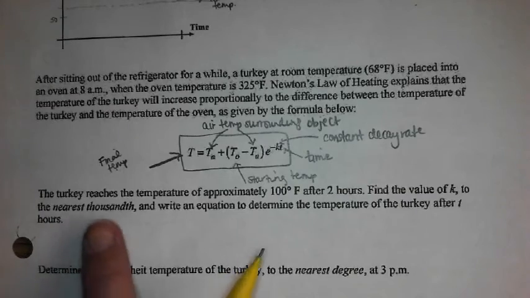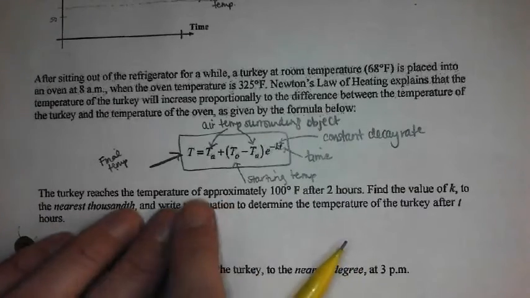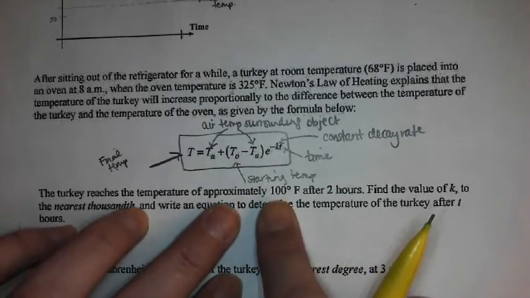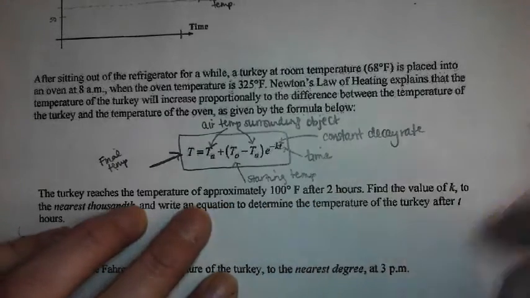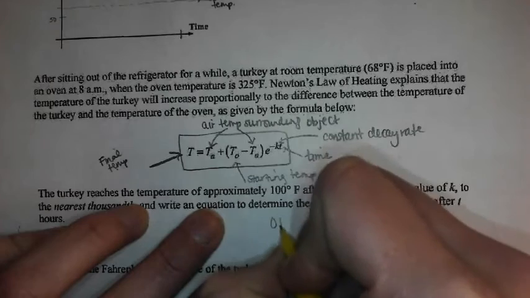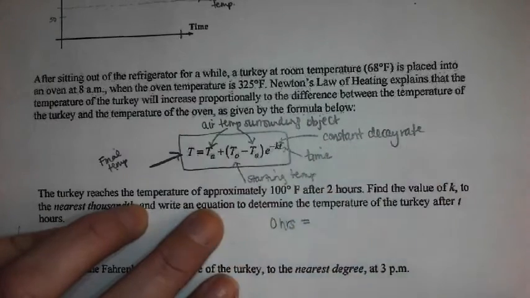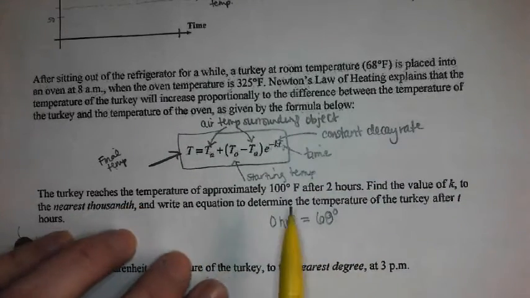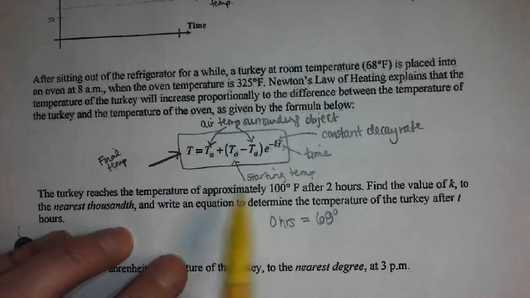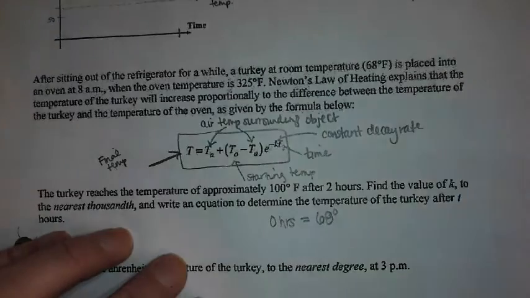So this is telling us that the turkey reaches a temperature of 100 degrees after 2 hours. What was the temperature of the turkey at 0 hours? It's at 68 degrees, good. So where in this formula does the 100 go? Any ideas?